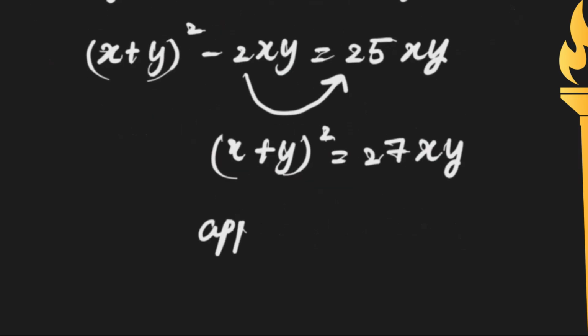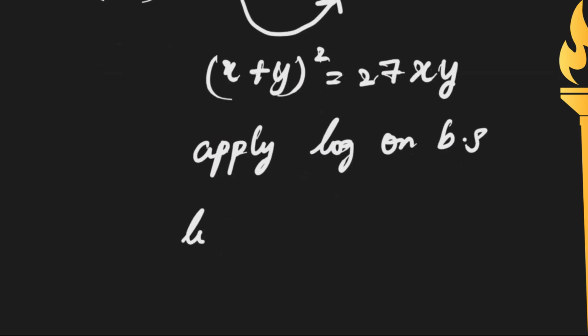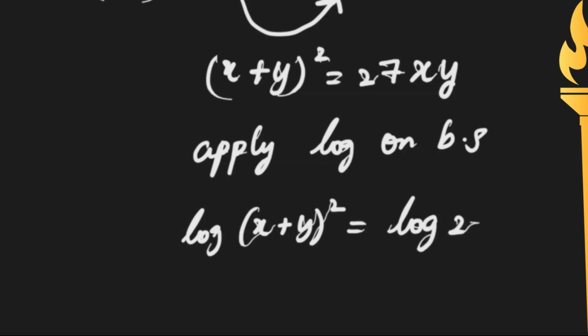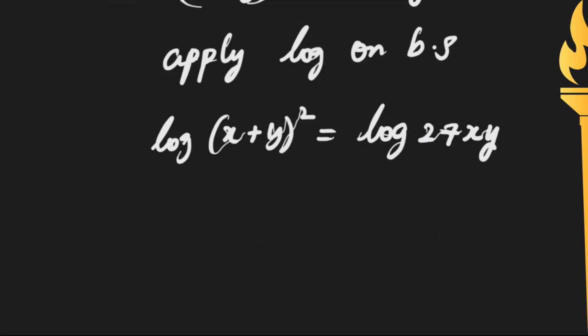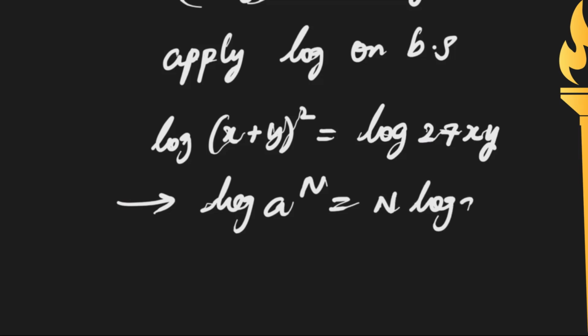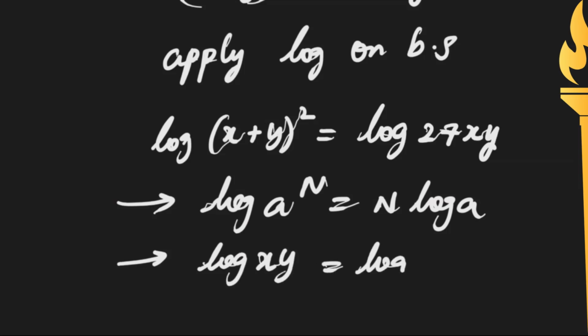Apply log on both sides. On both sides, we would get log of x plus y whole square is equal to log of 27xy. We have two properties. First one is log a power n is equal to n log a, and the second one is log x into y is equal to log x plus log y.